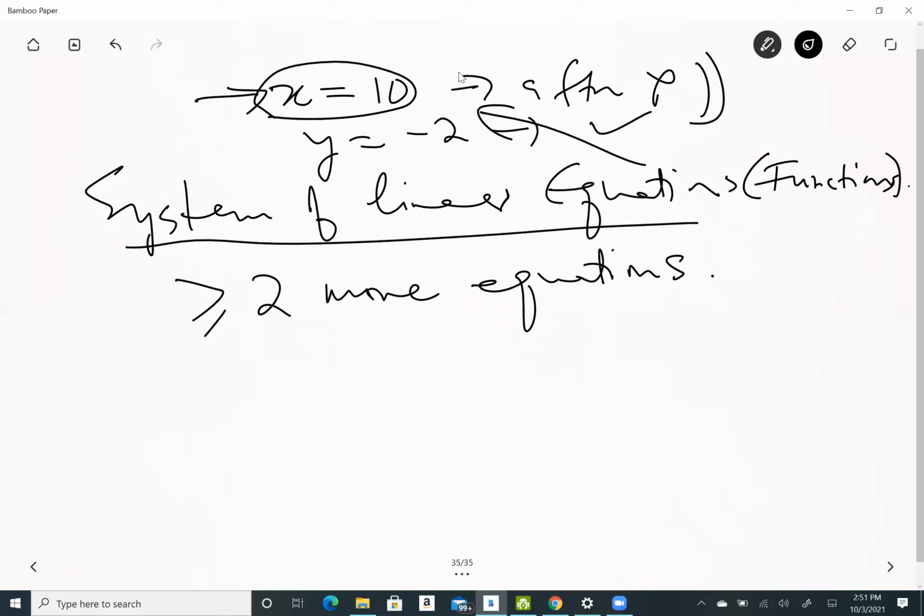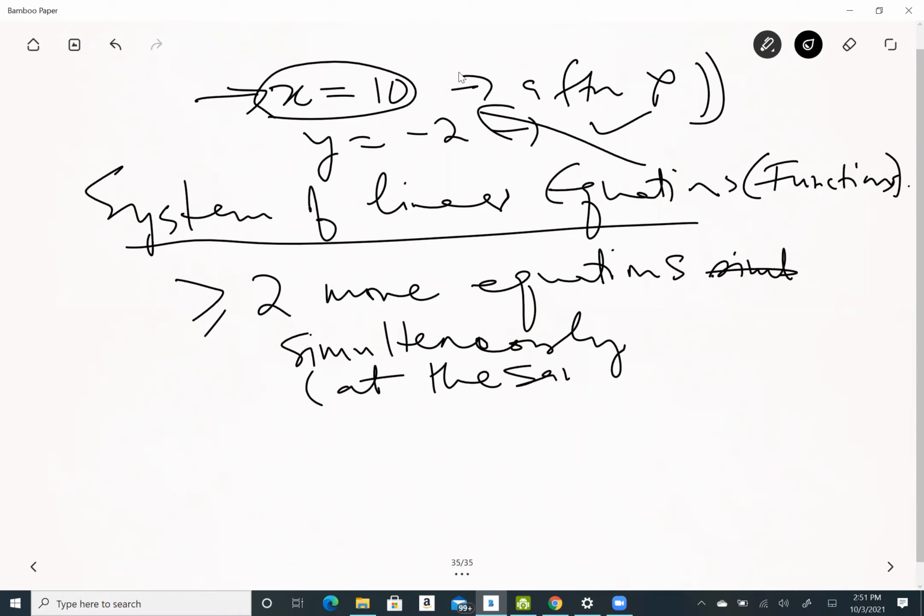Now, how do you get the solution? If you have two or more equations simultaneously, simultaneously means at the same time.